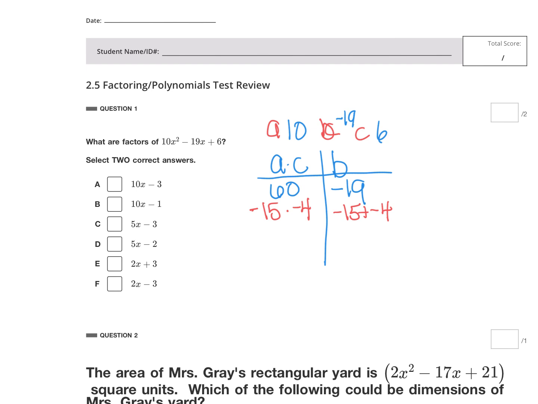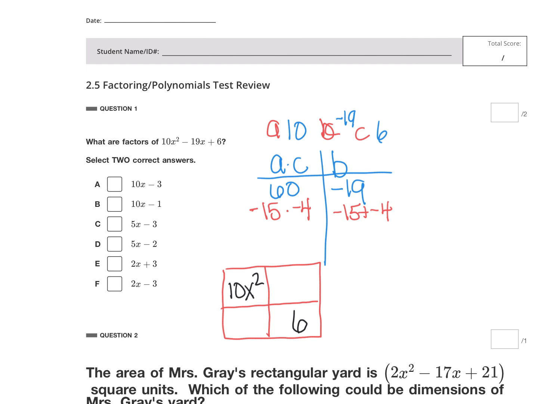As my next step, I'm going to put these into my box. You know, I told you my X box method, and I'm going to go ahead and factor out of my box. So in the top of my box is going to go my A value, which is 10x squared. The right-hand corner of my box will be my C value, which is 6.